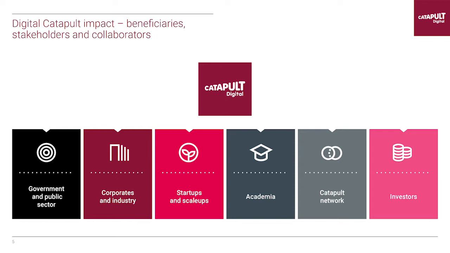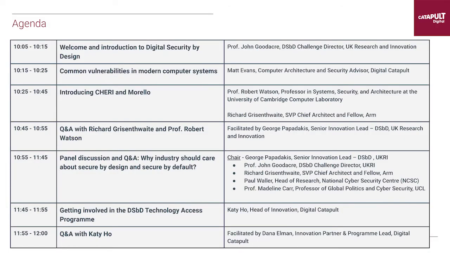As you can see, we work with various types of organizations, from government, public sector, to startups, investors, corporates, and the Catapult network. Digital Catapult is part of the Catapult network that supports businesses in transforming great ideas into valuable products and services.